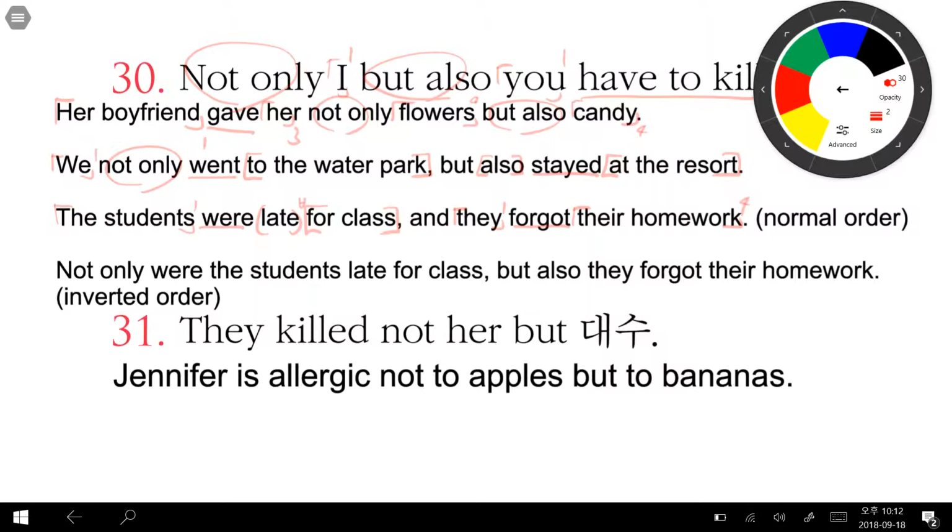Now let's look at the next one. Not only were the students late for class, but also they forgot their homework. That sentence shows the inverted order. So were comes first and the students comes after it.